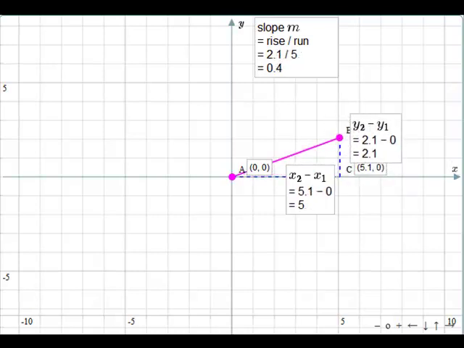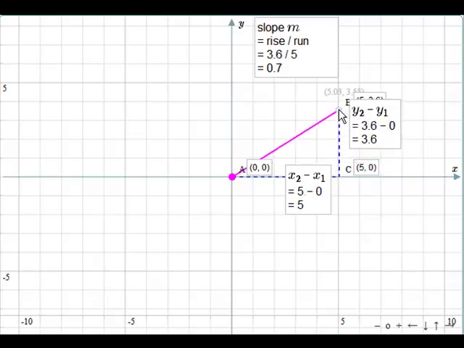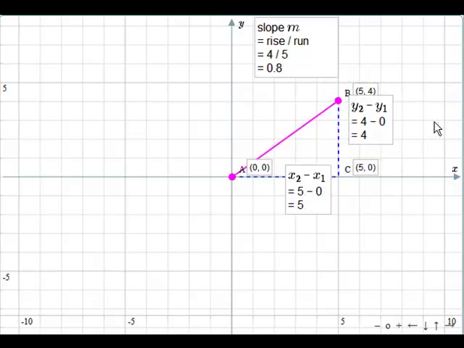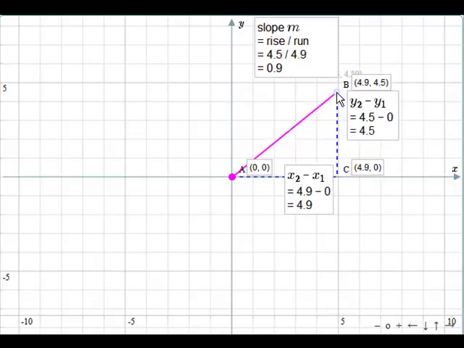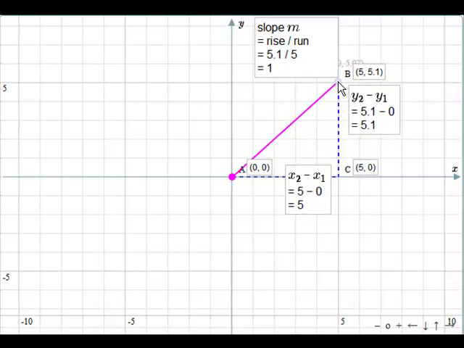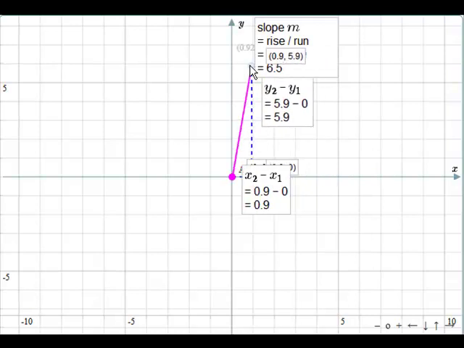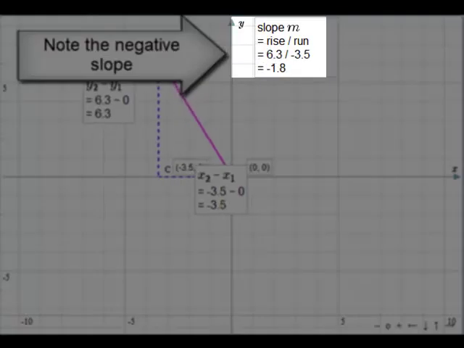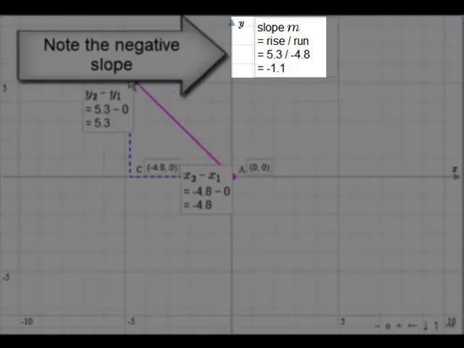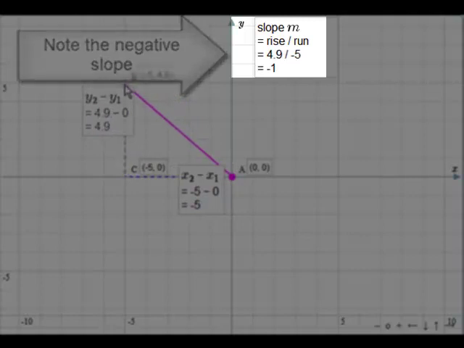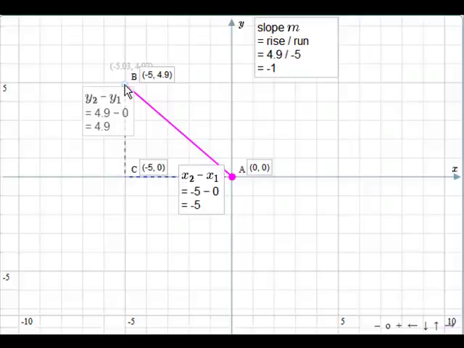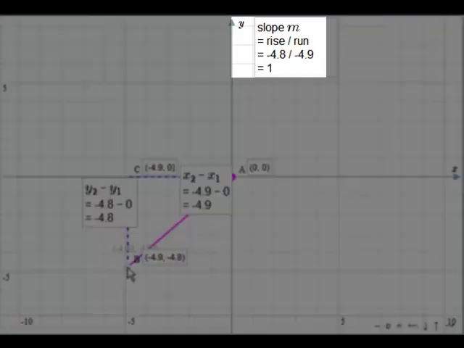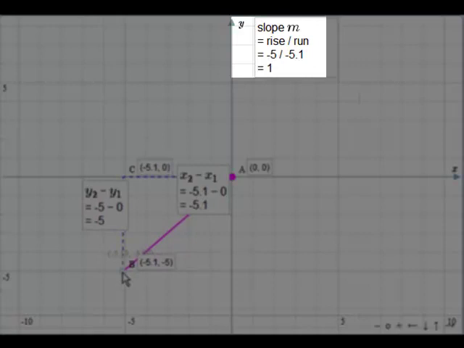We are simply changing y here, and you can see y2 minus y1 is changing, and the ratio y2 minus y1 upon x2 minus x1 is giving us the slope, which is changing. It is now a negative slope because you have a negative x, and y2 minus y1 upon negative x is naturally a negative slope. This is again a positive slope, and finally we reach the fourth quadrant where again it is a negative one.